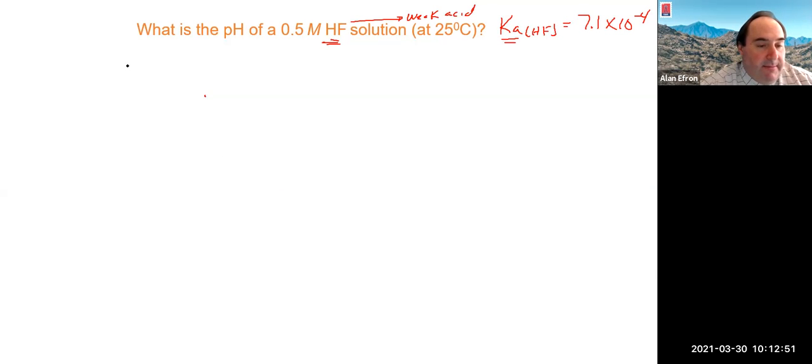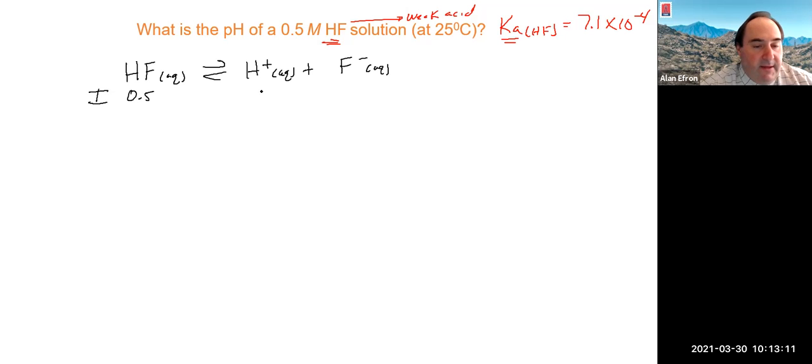So when we do our ice table here, we're just going to write the dissociation of our weak acid. Here, I'm going to leave the water out and just go with the H plus and the F minus. Then we approach it like normal. Our initial is 0.5, and we're going to go 0 and 0 here.